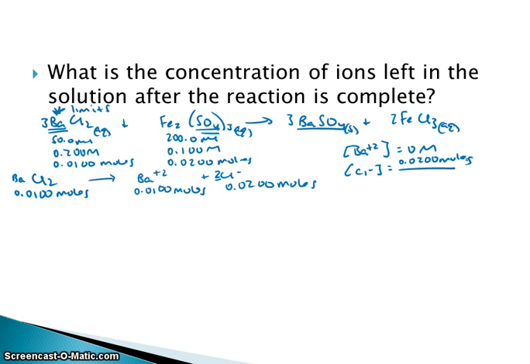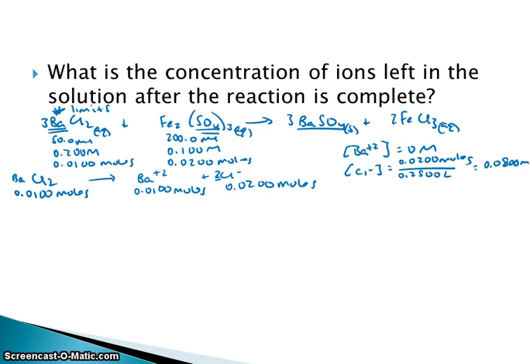We added 50 milliliters to 200 milliliters. That's going to give us 250 milliliters, or 0.2500 liters. So the concentration of chloride ions after we mix the two solutions together will be 0.0800 molar.